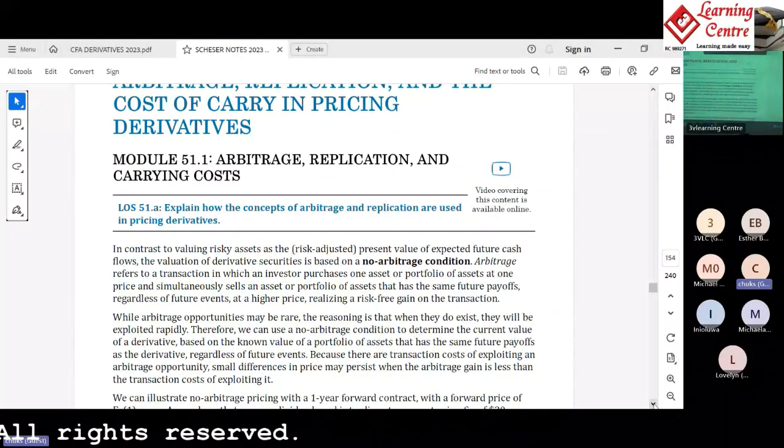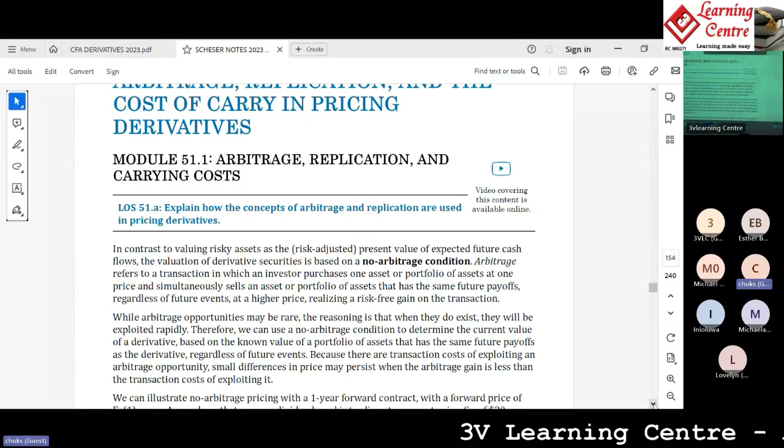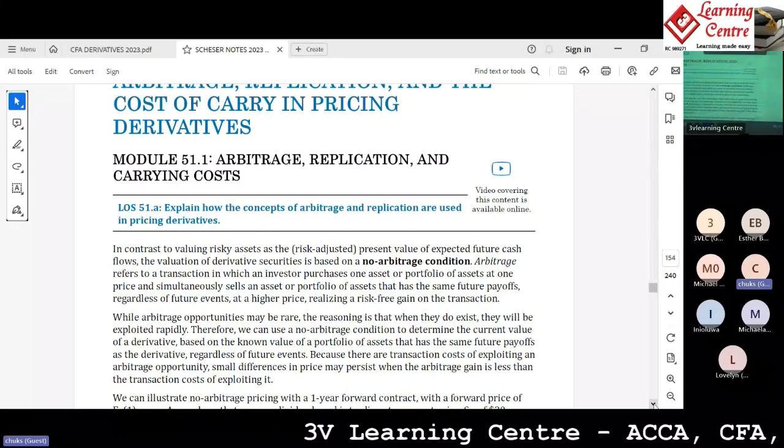So if you remember, we said that for any of the options or any of the contracts, forward contracts or options, you are taking up a position today in regards to a position at a future time. So there is an assumption that the future price will be a particular thing.